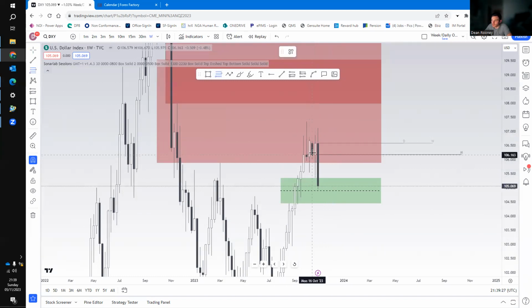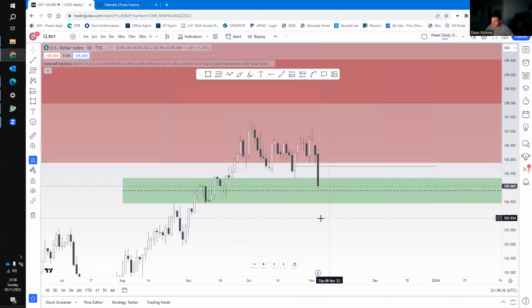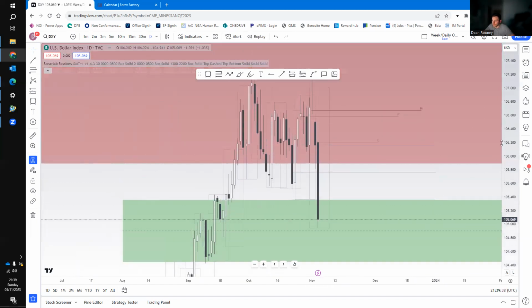So if I just take this here, come down, set it to 0.5, and if I come down to the daily, you'll see that it comes into this area here. So we've got just this fair value gap that's going to form. When we open up tomorrow, we'll be looking at this level.